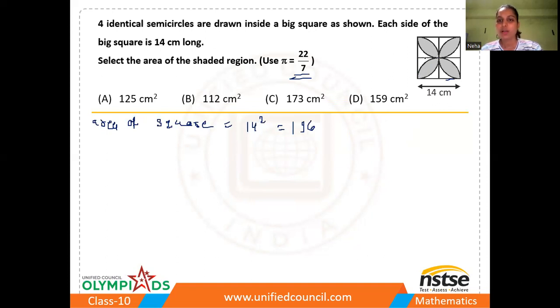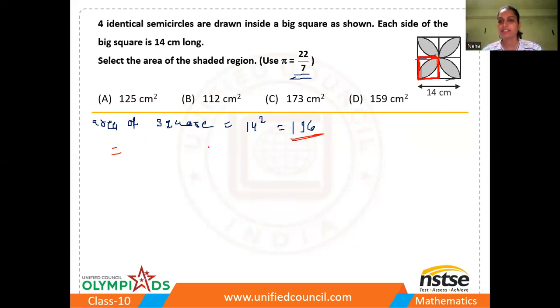Can I find out the area of this portion? I think yes, because this is just 1 by 4 of the complete square. That means the area of this portion is nothing but 1 by 4 of the total area of the square.